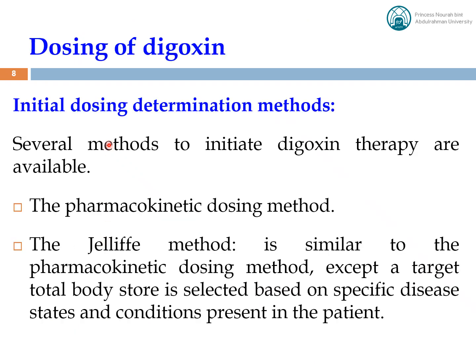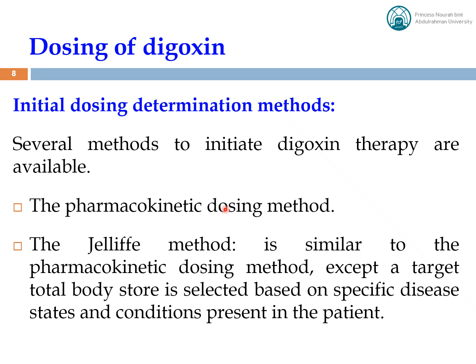Now, how to calculate or to determine the appropriate dosing of digoxin? We have a lot of approaches, as you can remember in the last week when we calculated the appropriate dosing concerning the aminoglycosides and the immunosuppressants, cyclosporin and tacrolimus.